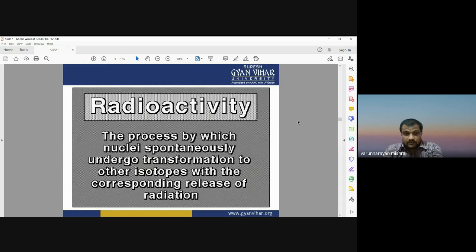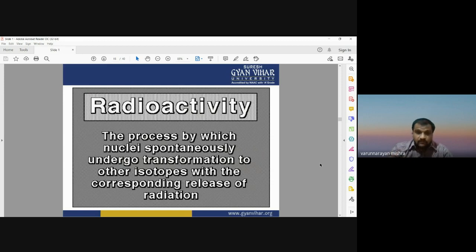So here radioactivity, as already discussed, is a process by which the nucleus spontaneously undergoes transformation to other isotopes, with the corresponding release of radiation. As yesterday we discussed, there is a tendency of the nucleus to release energy.